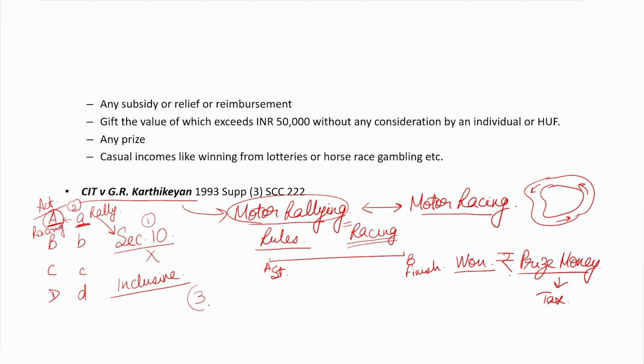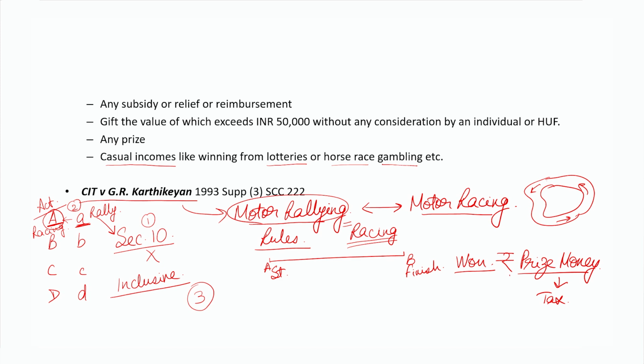Thirdly, the court said that when we are saying that we are going to tax casual incomes as well, wherein you're not putting any skill, right? So when you look at lottery, there is no skill that is really attached, right? If looking at horse race, that is nothing but a way of gambling, but the definition also provides for gambling separately as well, right?